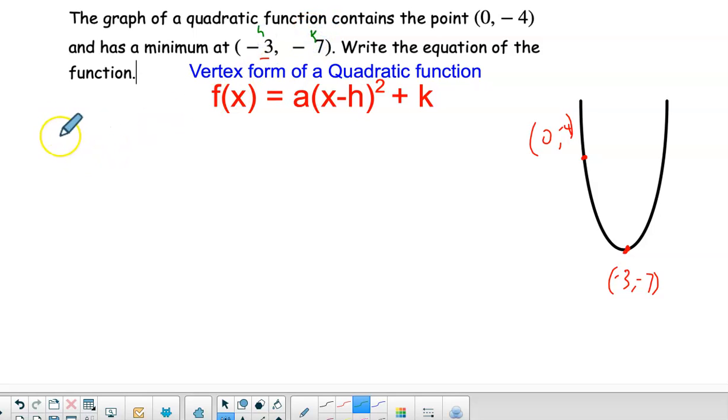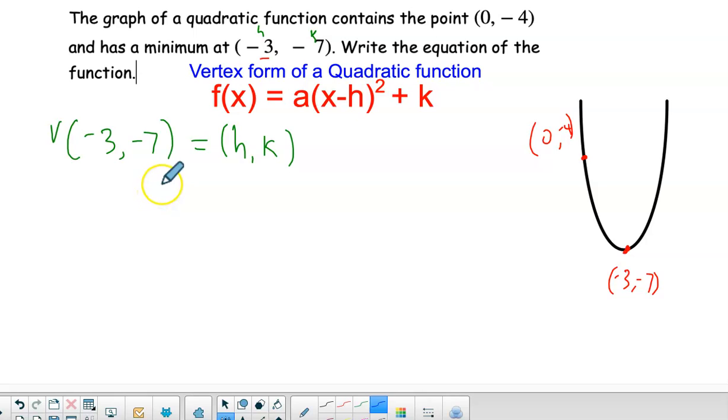Let me write here again. The vertex is (-3, -7), which matches with this h and k. So I'll go ahead and substitute the values of h and k in this vertex form.